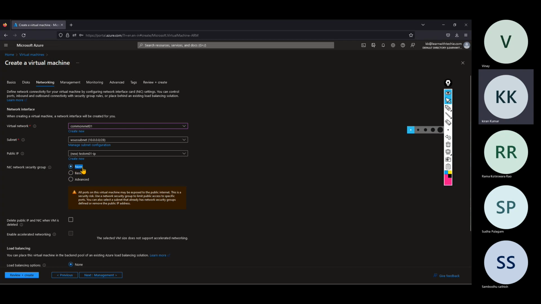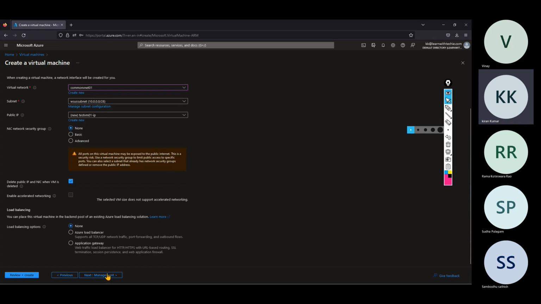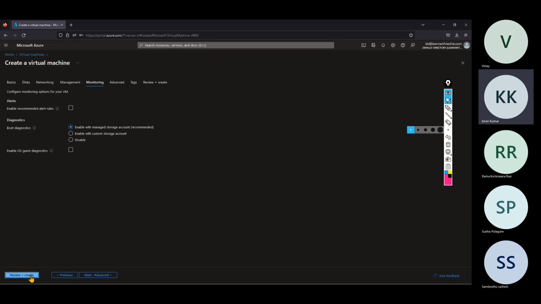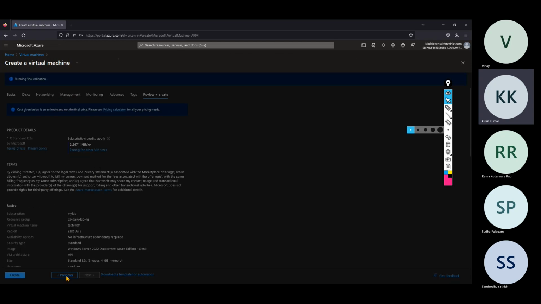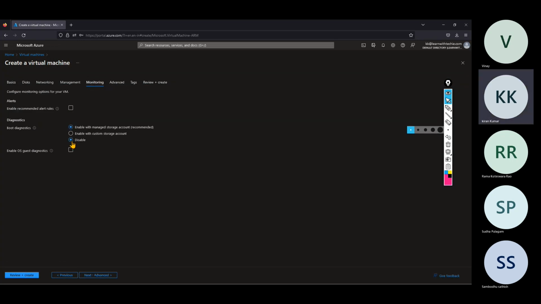Okay, right now I keep it none. Remaining, nothing I'm changing here. Management and monitoring, and review and create. In the advanced I need to disable. I don't want custom. Advanced monitoring, I want to disable.